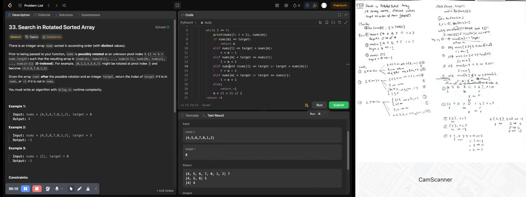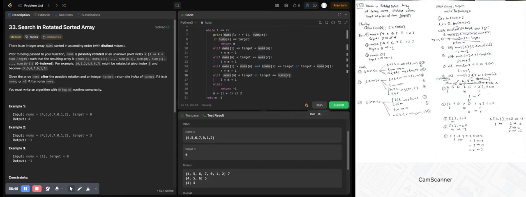Okay, so nums of left has to be greater than nums of the mid. Okay, so same as the one here.